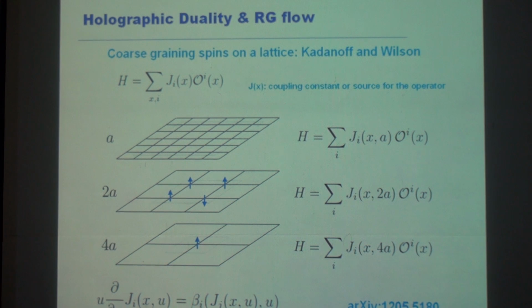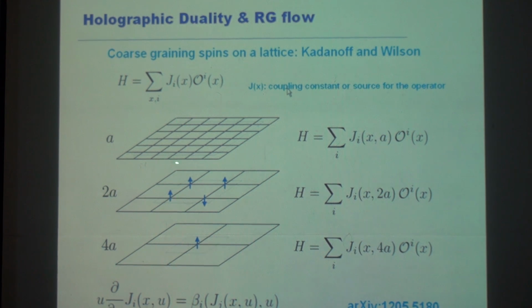But with the lattice spacing changing, this coupling also changes, right? And the coupling constant changing gives you the beta function. This is the running, the RG flow. Maybe what you are interested in is what happens in the IR region.